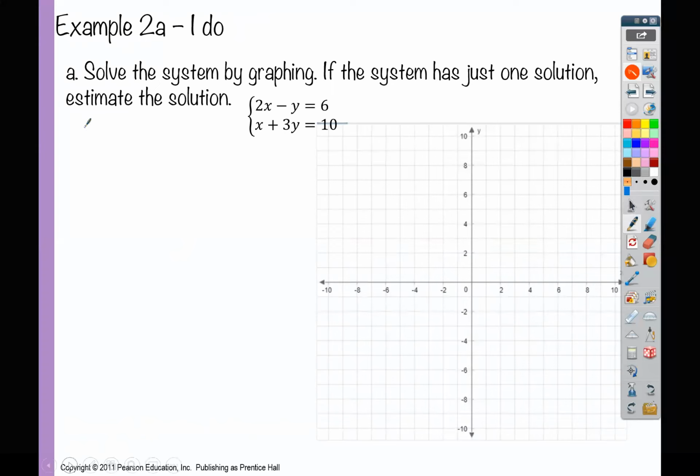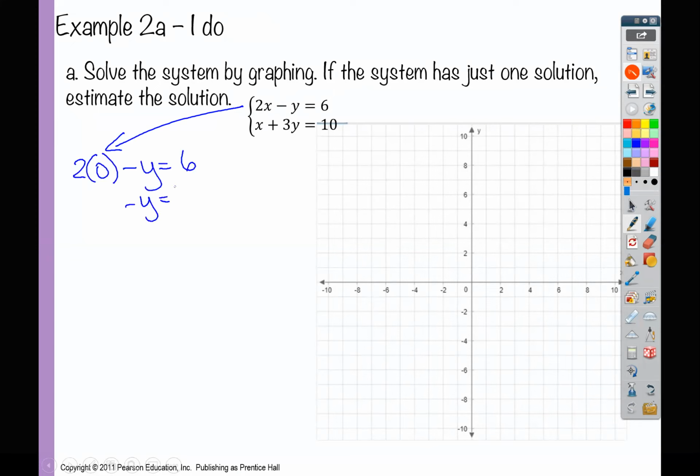Okay, so you can graph this several different ways. I'll show you two different ways right now. You can do it in slope-intercept form, or you can do it using intercepts. I'm going to do the first one using intercepts. If I wanted to find the y-intercept, I would plug a 0 in for x.